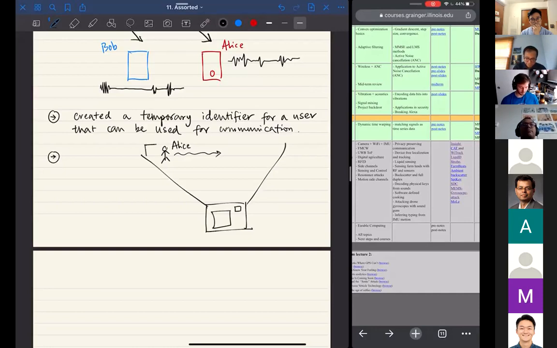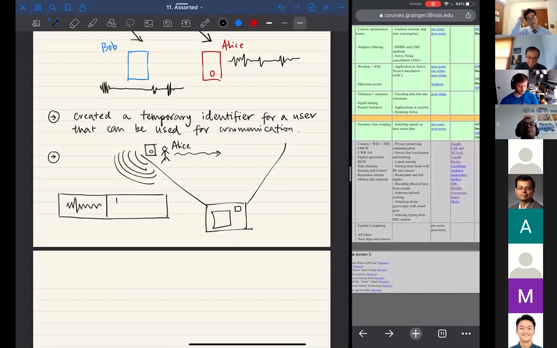Alice's phone broadcasts to everyone the following information: this is my IMU data, and if you see this motion, delete me. Does that make sense?